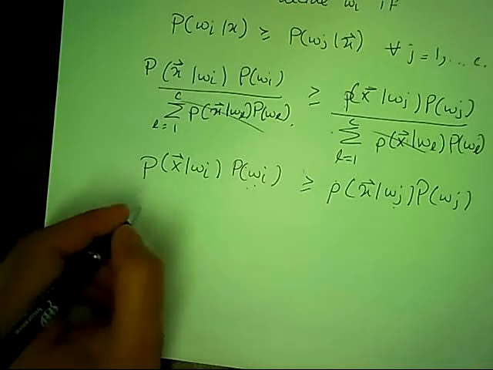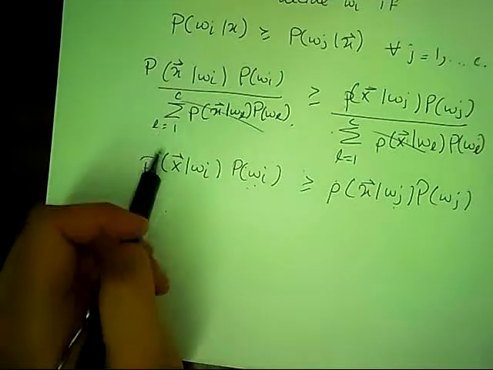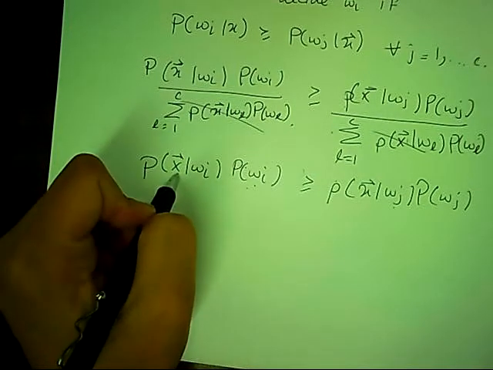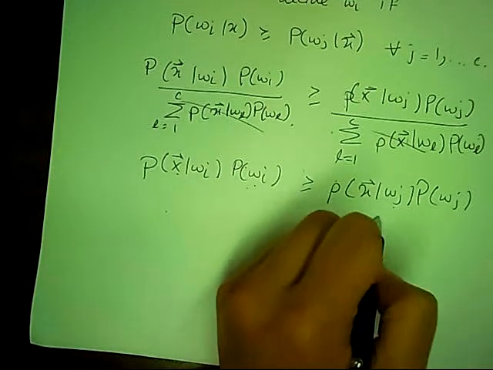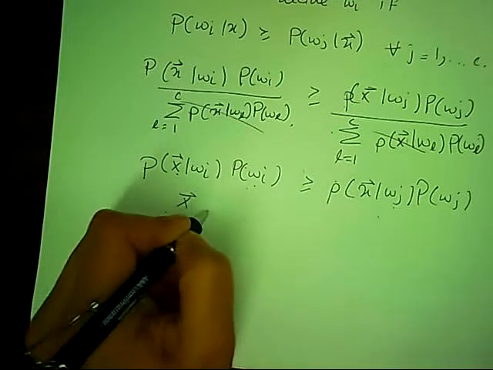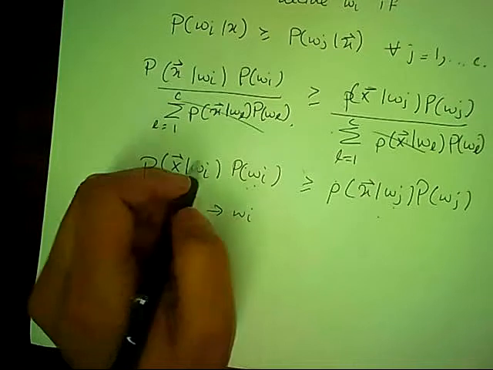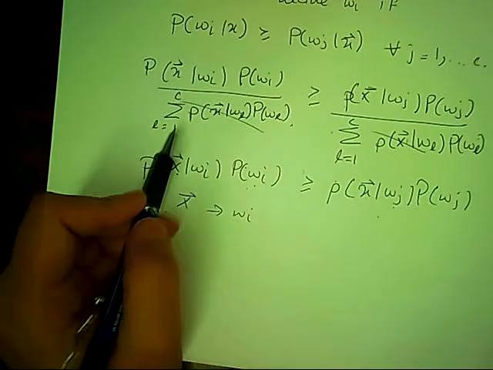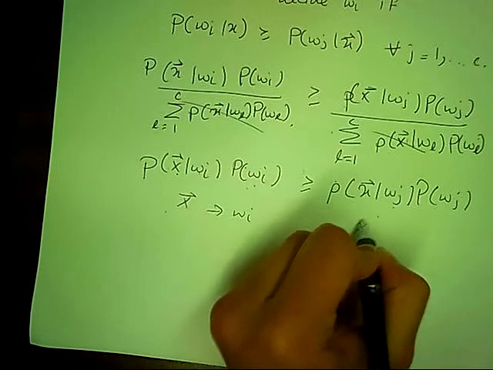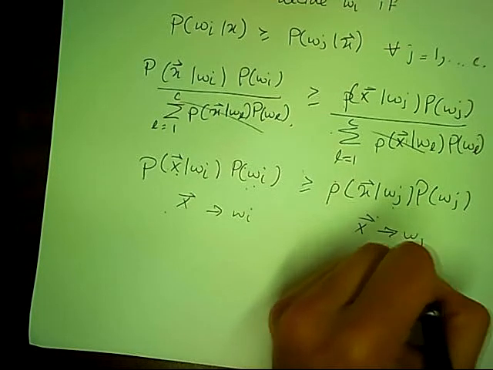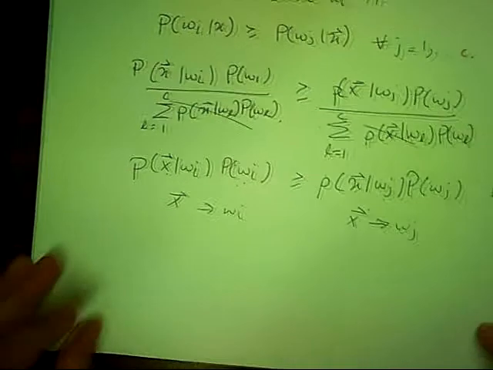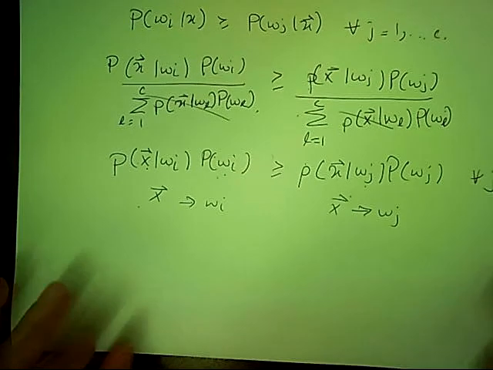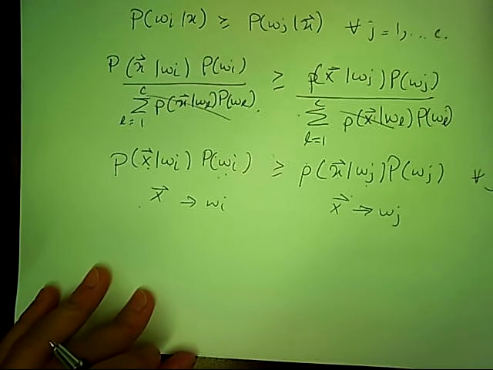For instance, if I have a data point that has a higher probability in this class than this class, then I classify x bar with ωi. In another case, if the probability of x given ωj is greater than the probability of x given ωi, then I classify x in ωj. And that was Bayes' rule for the continuous set. Thank you for listening to this lecture.